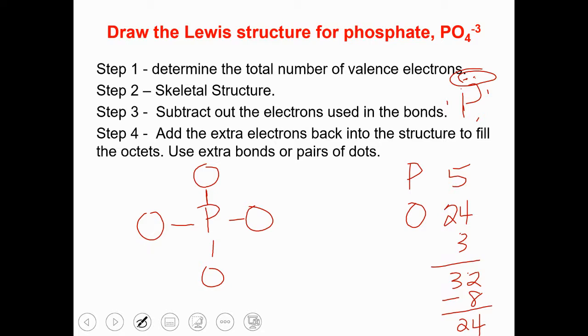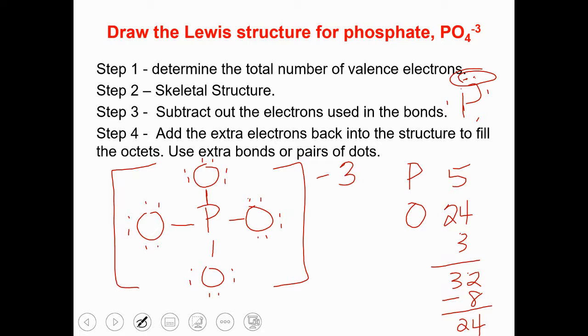There's our 12. 1, 2, 3, 4, 5, 6, 7, 8, 9, 10, 11, 12, 13, 14, 15, 16, 17, 18, 19, 20, 1, 2, 3, 4. There's our 24 electrons, the 12 pairs.